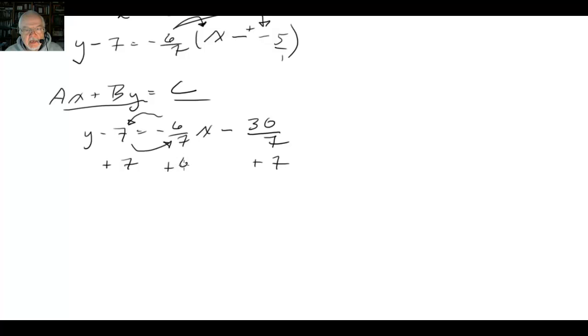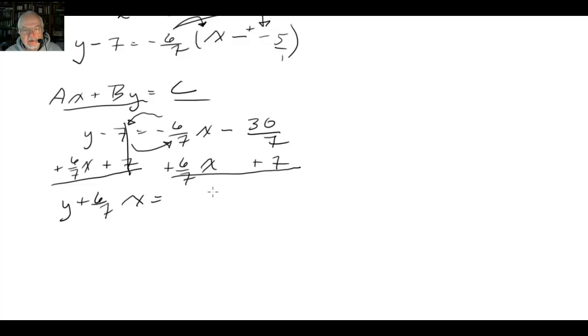And let's add 6/7 x and add 6/7 x. I mean, I could do this one step at a time, but we do this so often. This cancels. That's nice. So I have y plus 6/7 x equals. That cancels. That's kind of nice.